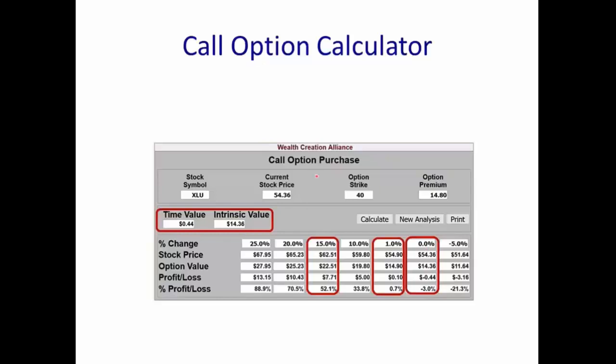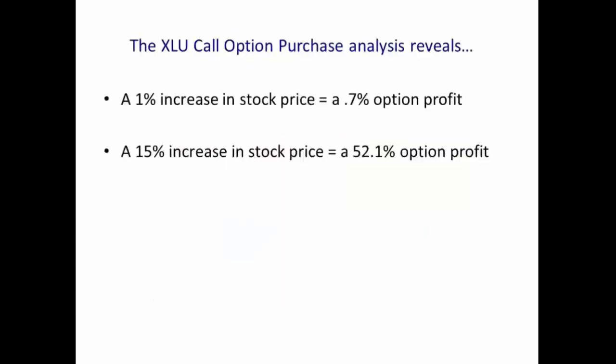And the calculator will also calculate the time value and intrinsic value portion of the option. We can see there's 44 cents of time value, 14.36 of intrinsic value. So we use these calculators before we take the trade to calculate the profit potential. So again, in this example, a 1% increase in XLU results in a profit. A 15% increase in XLU results in a 52% return.